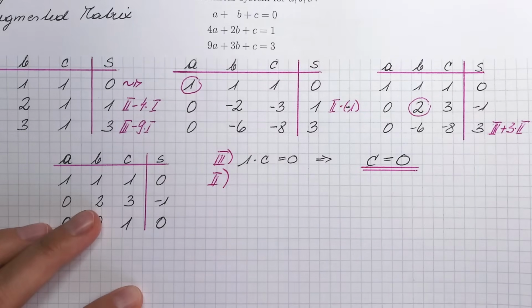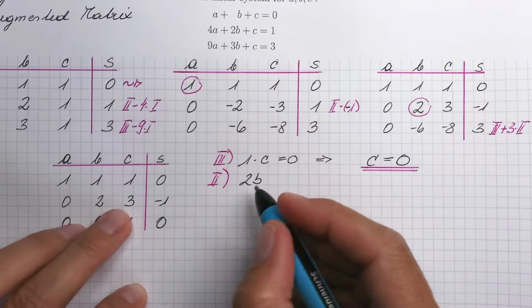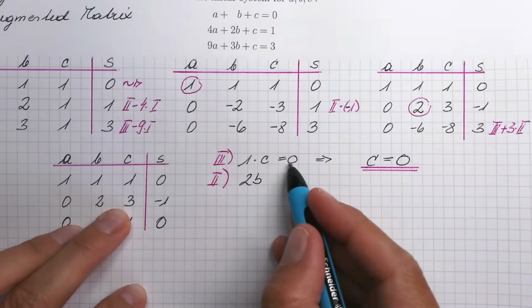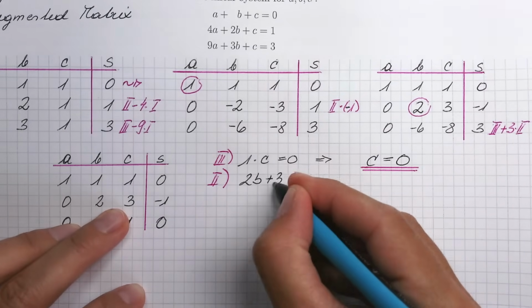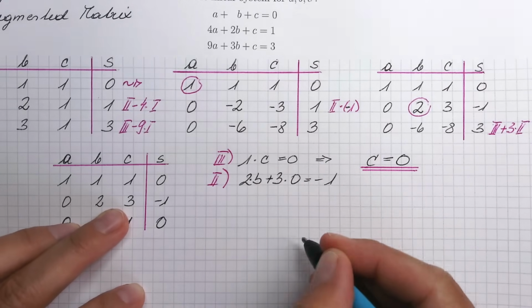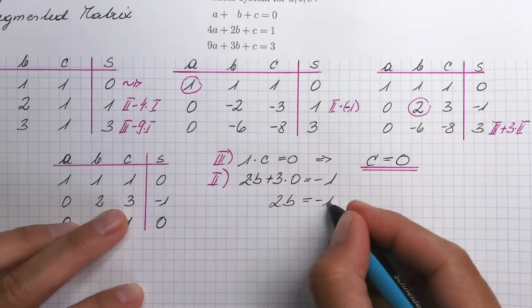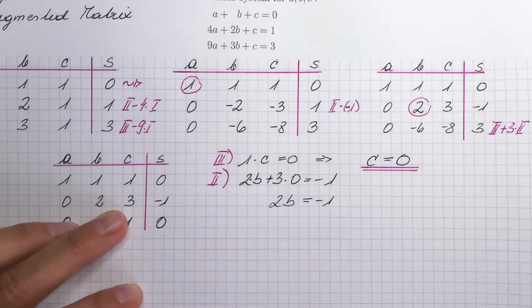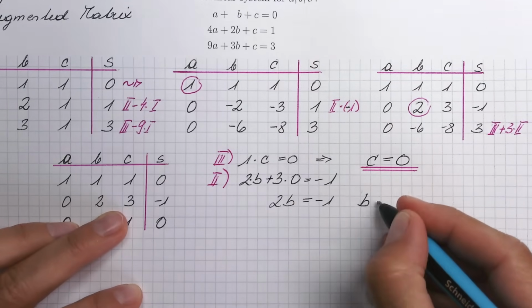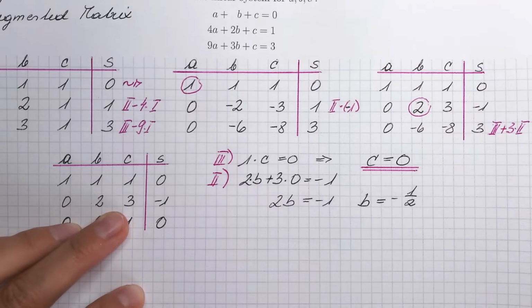We have 2 times b plus 3 times 0, equals minus 1. So we have 2b equals minus 1, which means b equals minus 1/2.